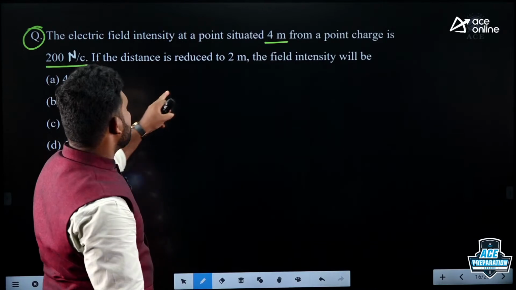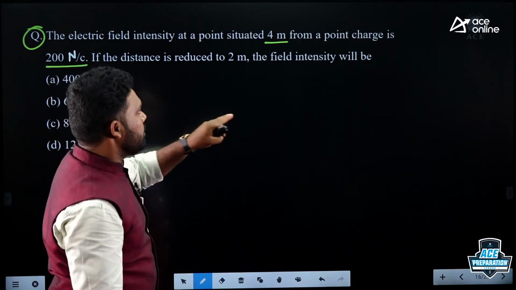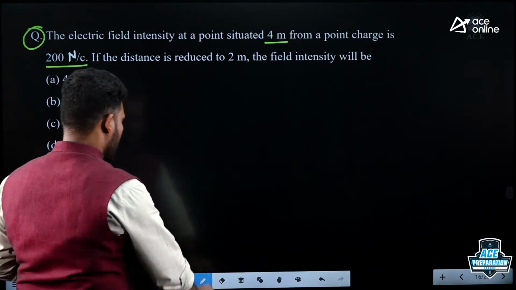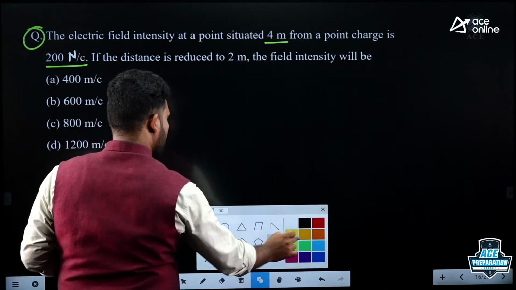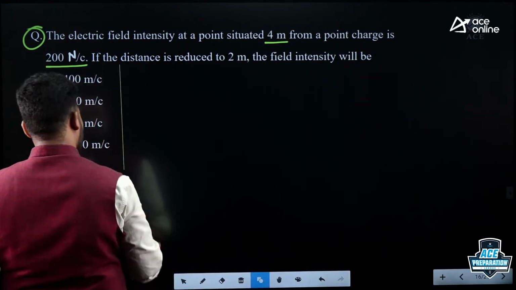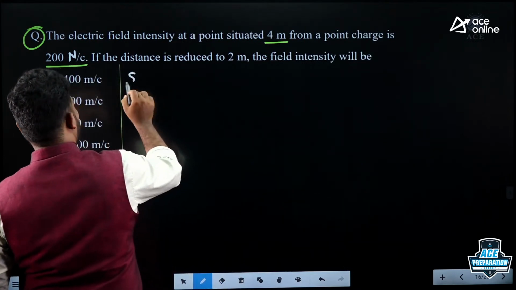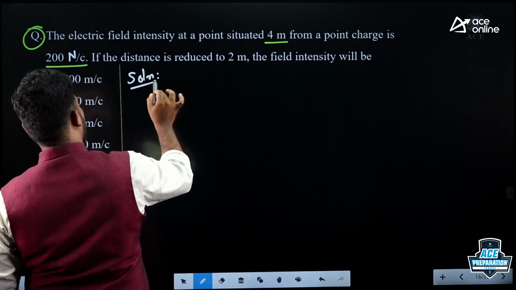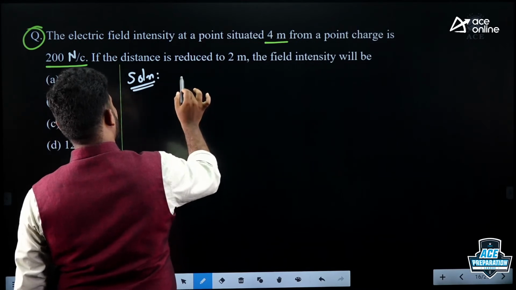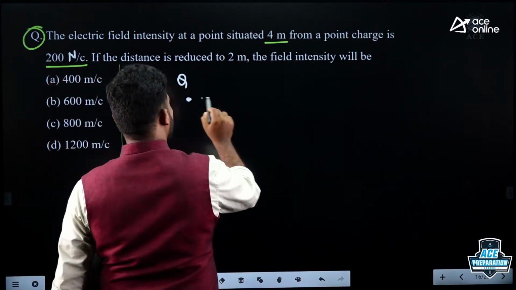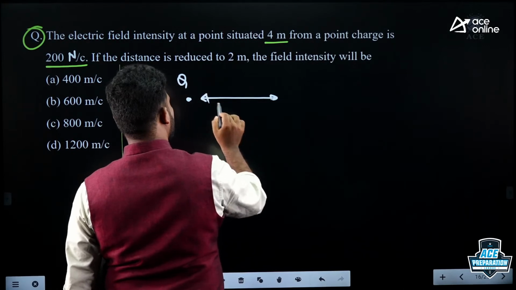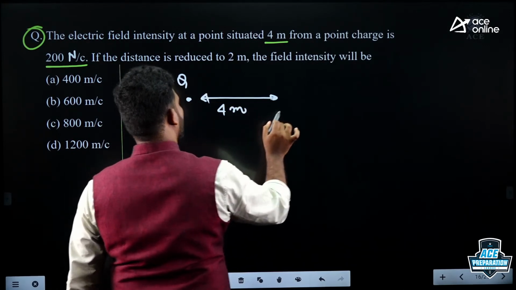If the distance is reduced to 2, the field intensity will be. Okay, let us take the question here. Let us draw some rough diagram. So there is some charge here, at a distance of 4 meters.